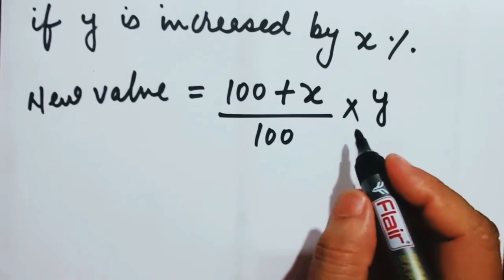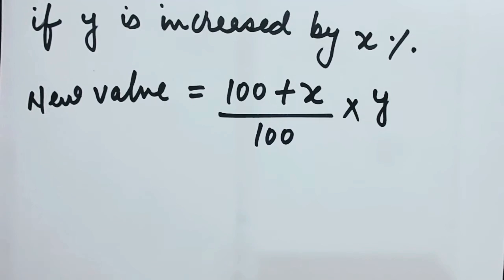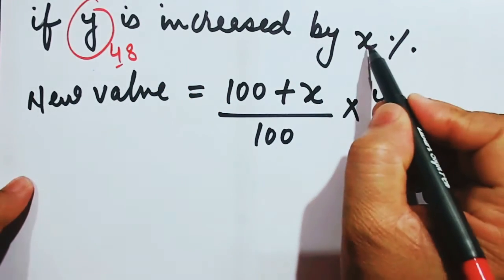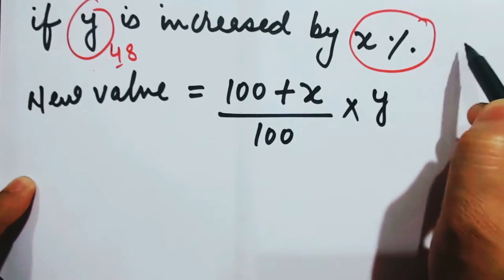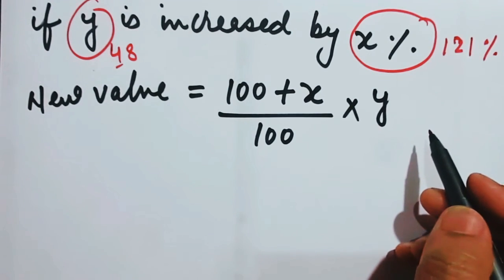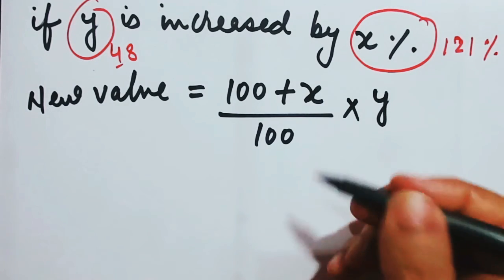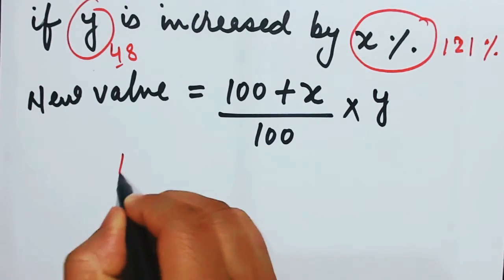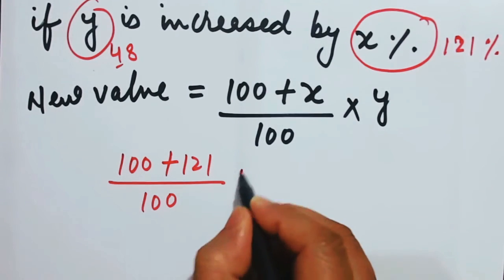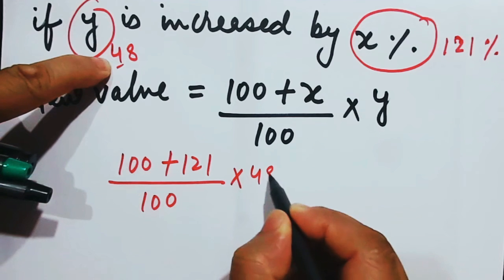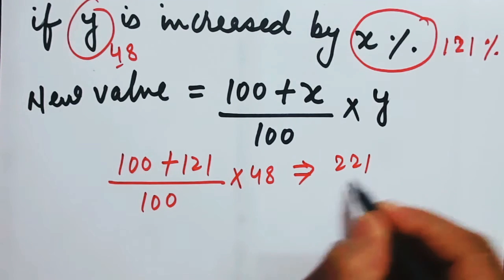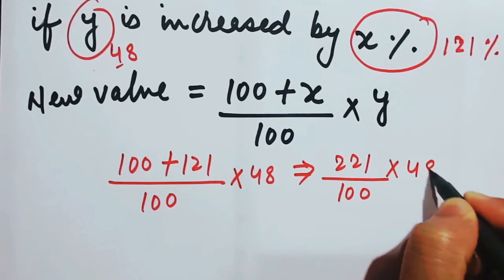Let us take y as 48 and x as 121%. Now when I put this in the formula, I will be getting (100 plus 121) by 100 into 48, which simplifies to 221 by 100 into 48.